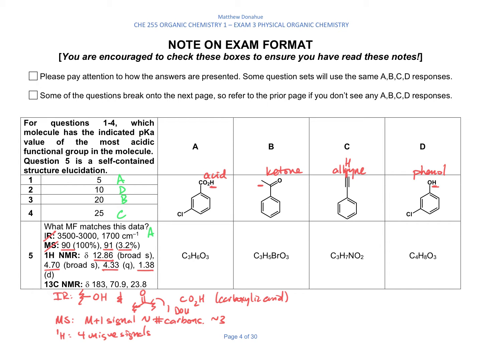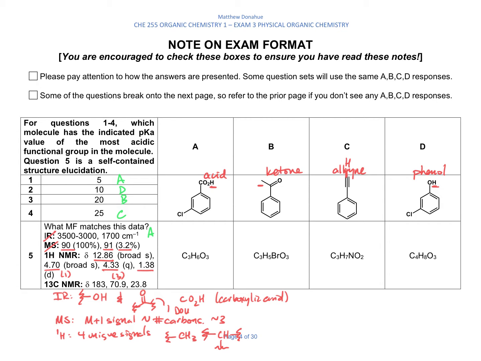So if something is a quartet, what is that telling us? That it has 3 neighbors. Something is a doublet. What is that telling us? It has 1 neighbor. And that can give you an indication of what those functionalities are. So you could have CH3, and then you could have CH. So those are some more fragments.